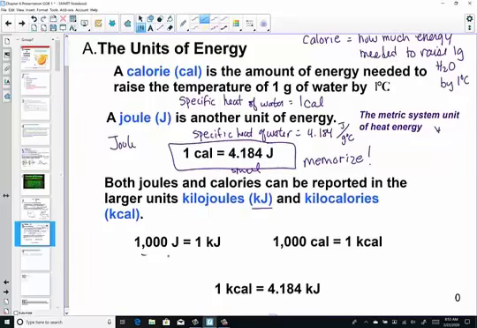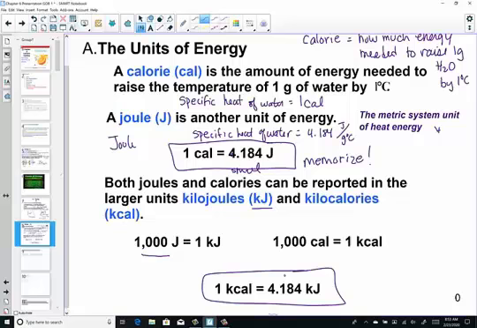So it takes 1,000 joules to equate to 1 kilojoule. It takes 1,000 calories to equate to 1 kcal, a kilocalorie. And so we can equate these two as well. A kilojoule and a kilocalorie would have the same conversion as a calorie to joule. 1 kcal is equivalent to 4.184 kilojoules, kJs.